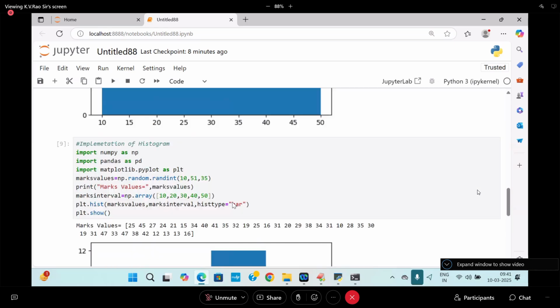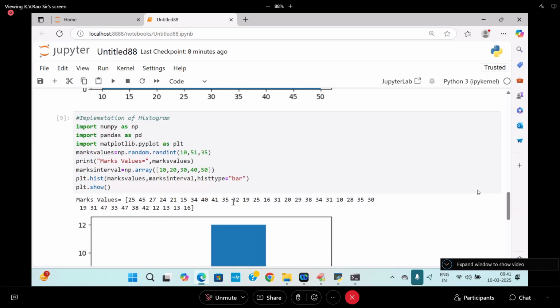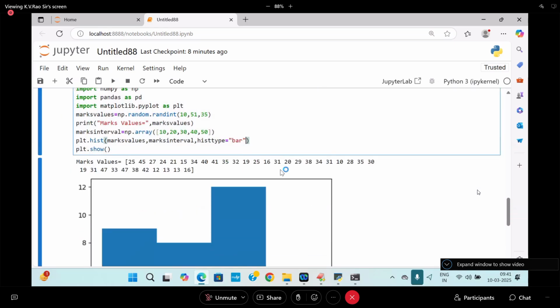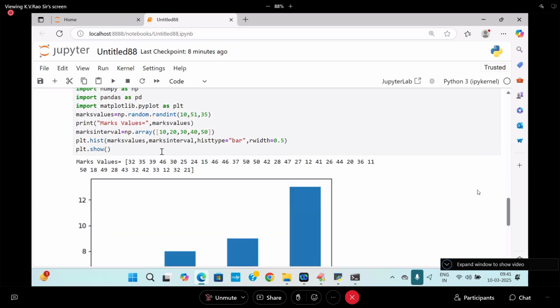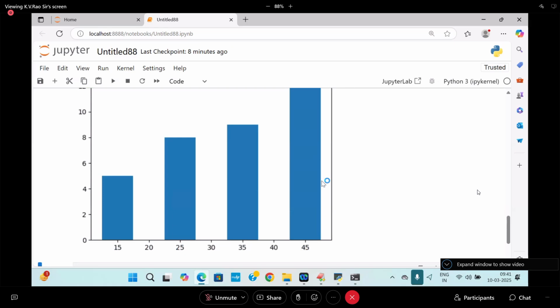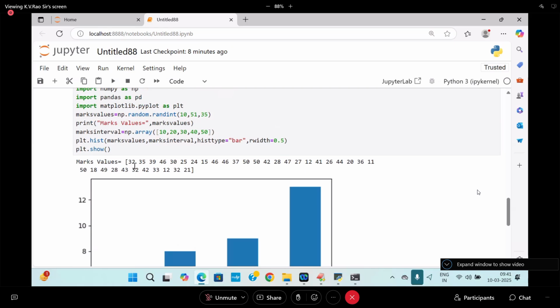The bars will come as they are. Now I will mention here, comma, width, something like 0.5. Are you seeing this now? Are you following? So here 0 to this is called 10 to 20.